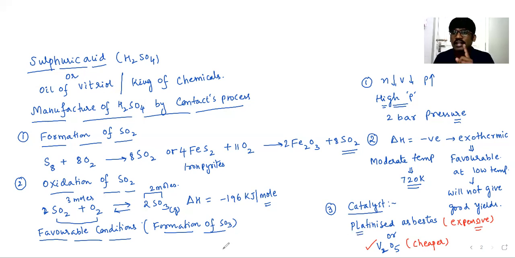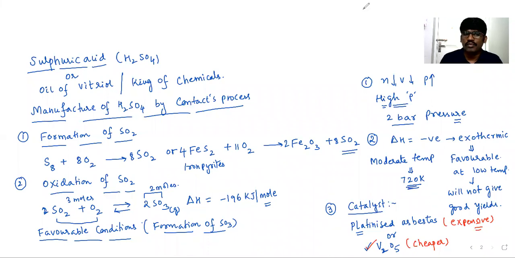That is the reason platinum is not a preferable catalyst for this process. But V2O5 does not react with arsenic impurities. Hence, V2O5 is preferable. So the favorable conditions are around 2 bar pressure, 720 Kelvin, and V2O5 catalyst. These are the favorable conditions for formation of SO3.